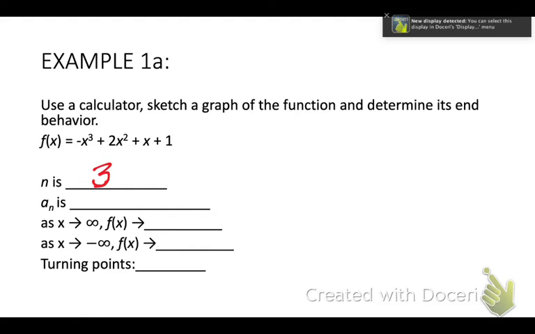What is a of our highest degree? Negative 1. All right, so as x approaches positive infinity, so as my x is going to the right, what's happening to our graph? What's happening to our y? Is it going all the way up or is it going all the way down?